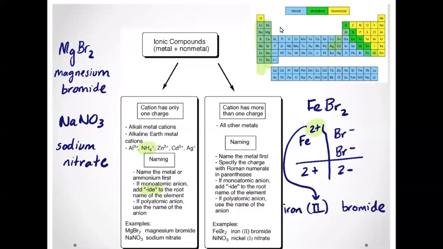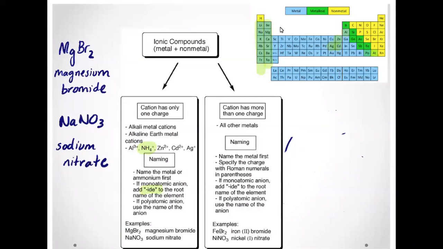Let's do another example. I'm going to erase this for some more room. The formula shows that I have 1 nitrate, which you have to know is a -1.